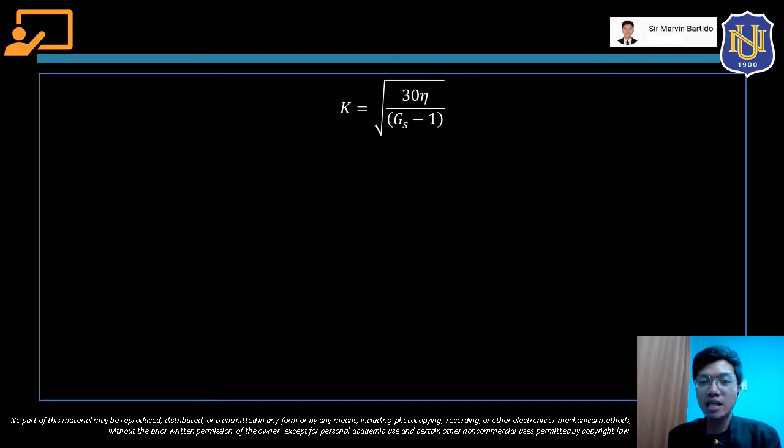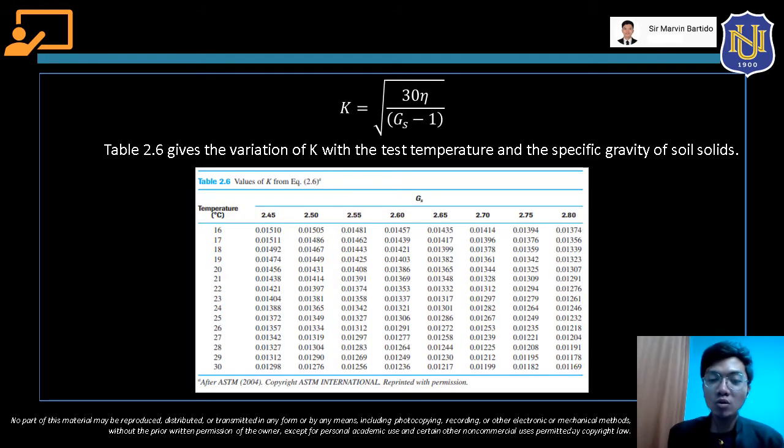However, class, we will not show the derivation of K here, because K varies at different test temperatures and specific gravity of soil solids. So this is the table we will use. This is the temperature, and this is the specific gravity, and the values here are the values of K. For example, let's say our temperature is 21 and our specific gravity is 2.55. This is the K we will use. Okay.